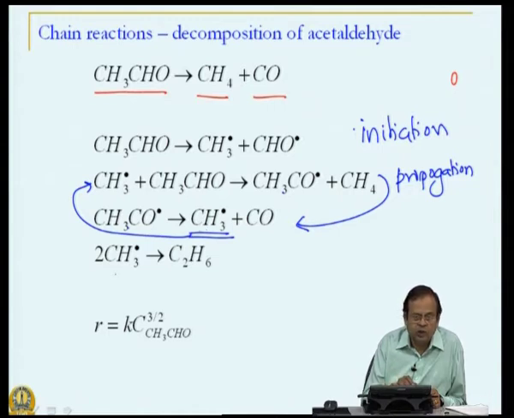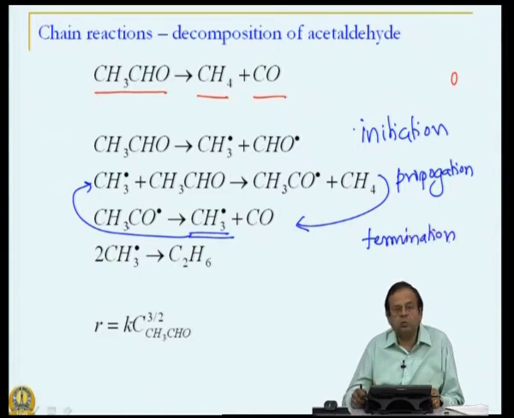So, what happens as shown in the fourth reaction is this methyl radical combines with another methyl radical to give rise to ethane. So, now, if there is a source of methyl radical in the initiation step, the last step is a sink, because in this, methyl radicals are getting consumed, and therefore, this reaction is referred to as termination reaction.